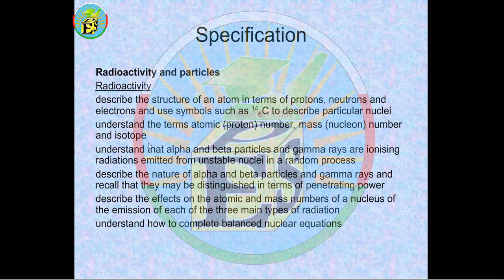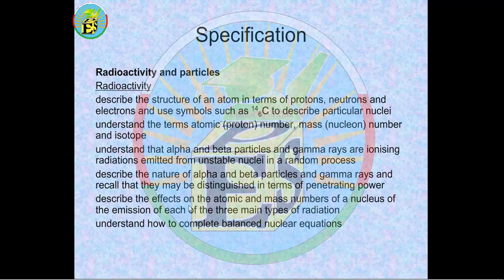Understand that alpha and beta particles and gamma rays are ionizing radiations emitted from unstable nuclei in a random process. Describe the nature of alpha and beta particles and gamma rays, and recall that they may be distinguished in terms of penetrating powers.